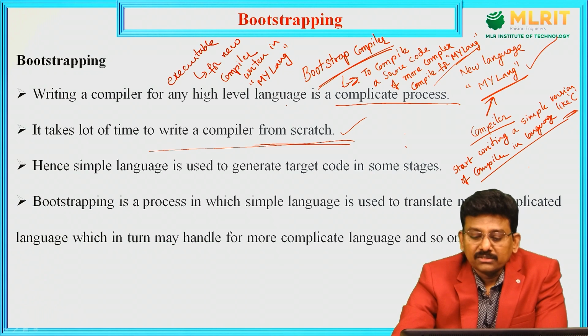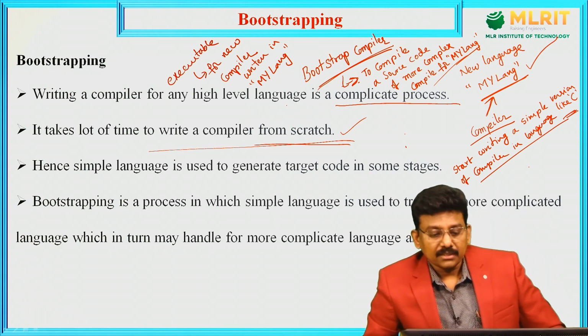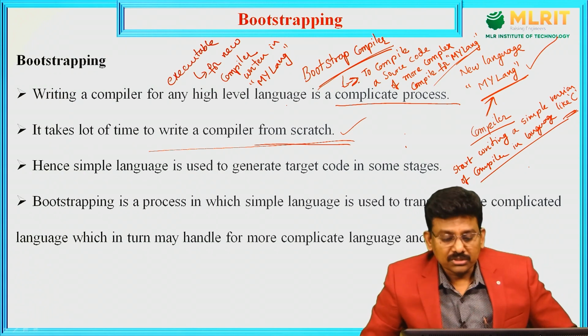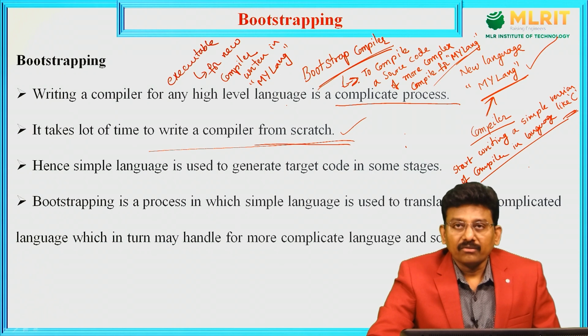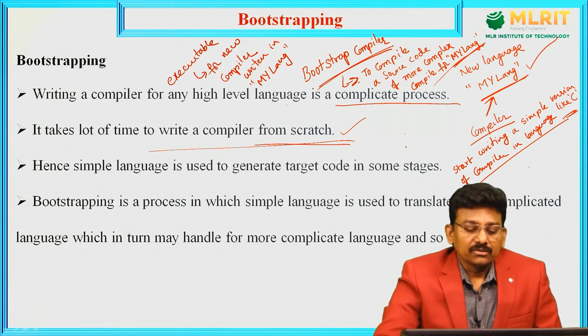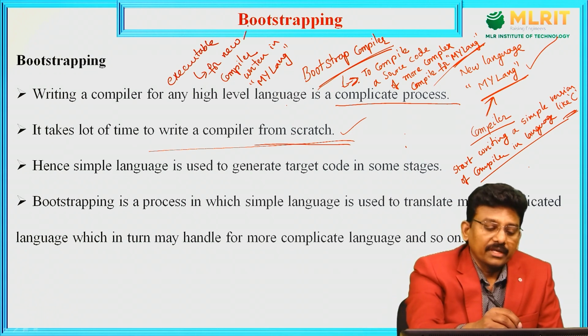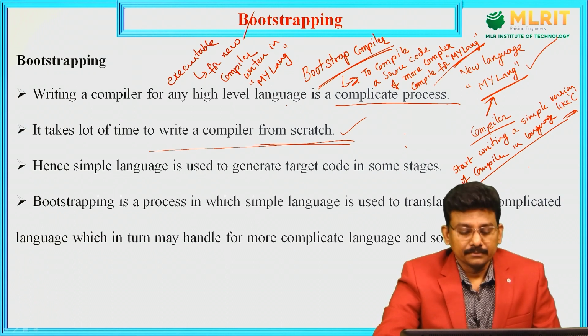This simple version is called the bootstrap compiler. We can use this bootstrap compiler to compile the source code of a more complex compiler for my language, and this process will generate an executable for a new compiler written in my language.